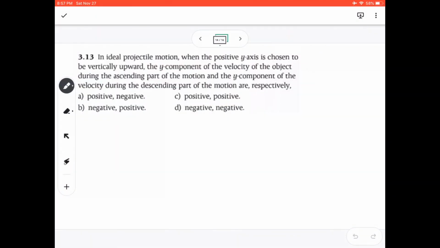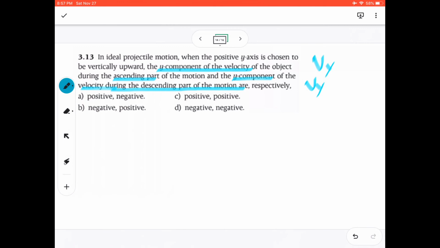Question 13. In ideal projectile motion, when the positive y-axis is chosen to be vertically upward, the y component of the velocity, Vy, of the object during the ascending part of the motion, and the y component of the velocity, again Vy, during the descending part of the motion are respectively.